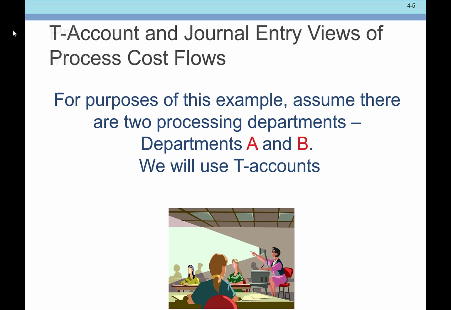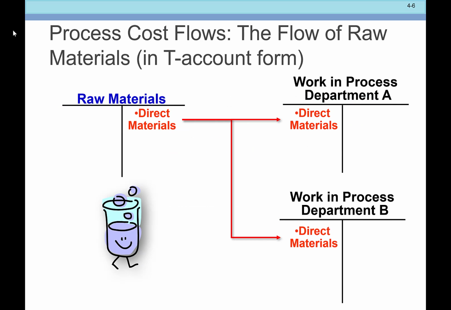Let's take a look, and we start with our raw materials. Notice we take our direct materials to each department. For the flake department, it's the corn mash, the water, the milk, the eggs, whatever they use to make the flakes.